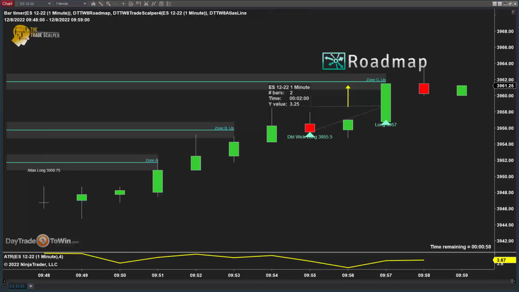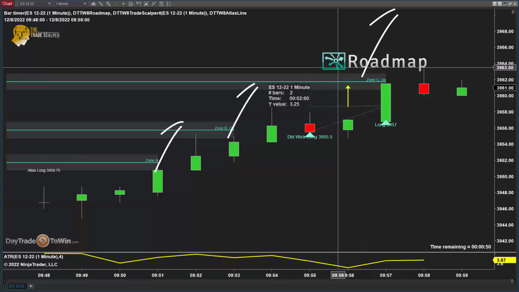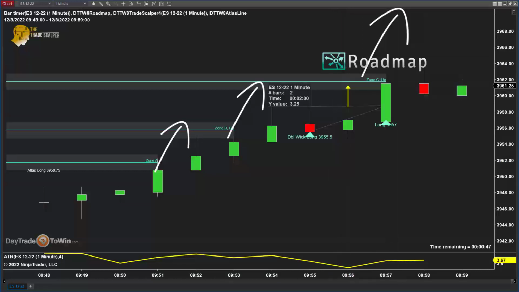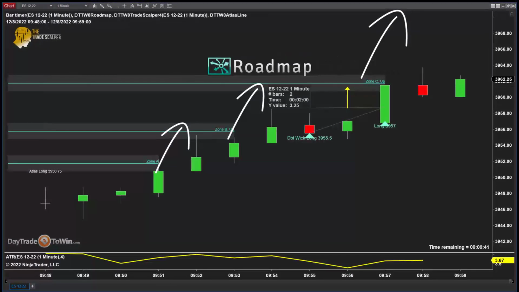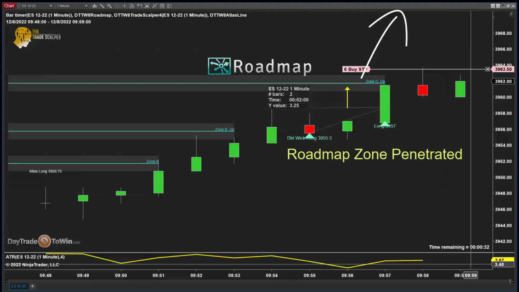It does encounter some resistance or support. When the market is more volatile, it doesn't always stop at the first or second zone. Sometimes the market has to stretch. And so the roadmap software allows you to not only take an opportunity to counter trend, but also takes the opportunity to go with a larger trend or with a move once it breaks through the zone.